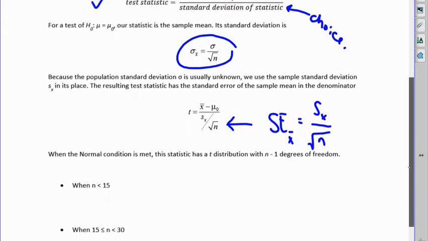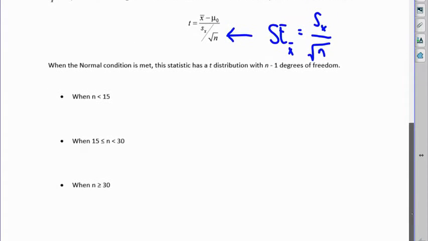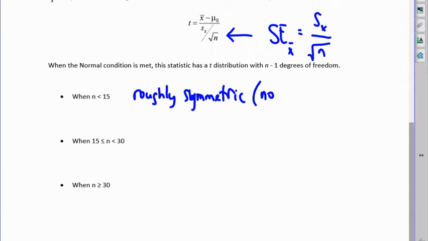Now, how can we know when we're able to find probability? We need to have the normal condition met. And so when n is less than 15, in order to do that, we need to have data that is roughly symmetric. That would be no evident violation for the shape.